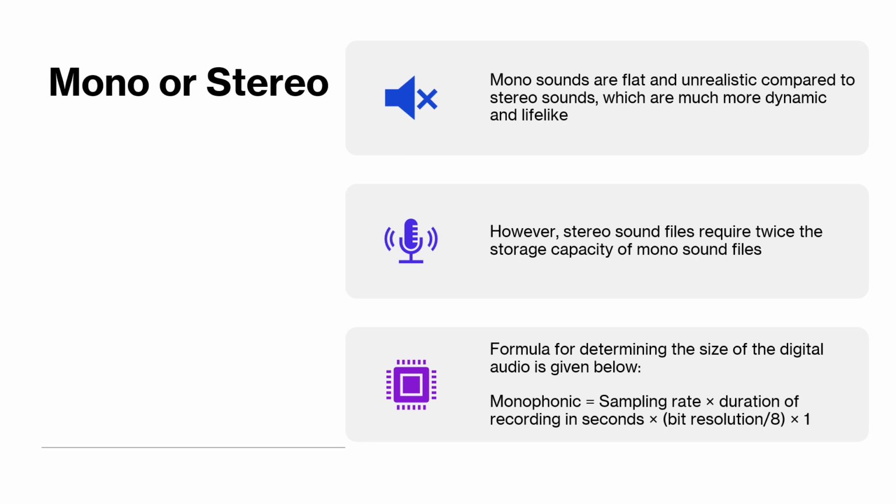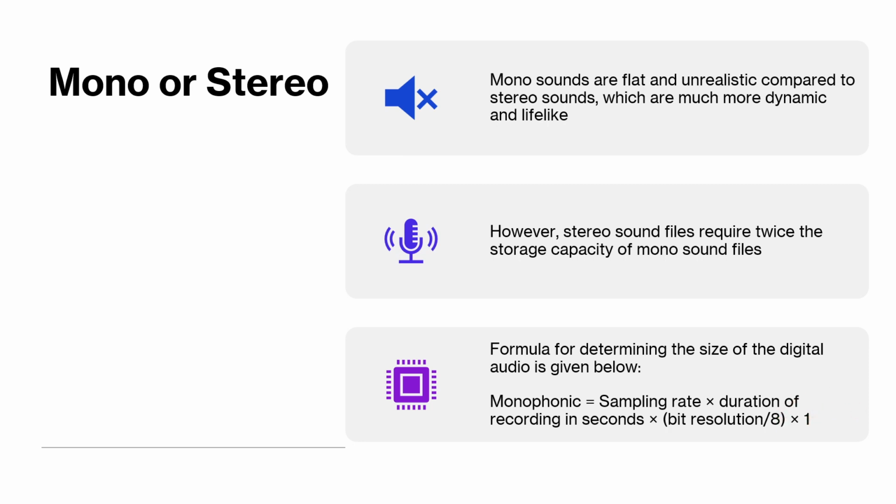For the monophonic, the formula is the sampling rate times the duration of the recording in seconds times the bit resolution over 8 in terms of bits times 1. 1 because it is mono. The channel is 1, which is mono. But for stereo, the channel will be 2. But for monophonic, this channel is going to be 1.